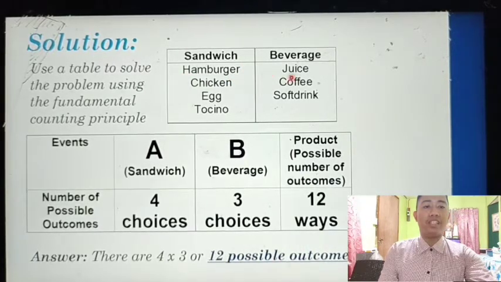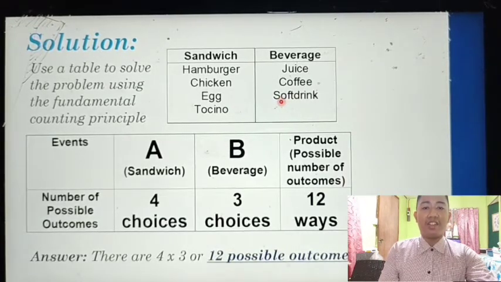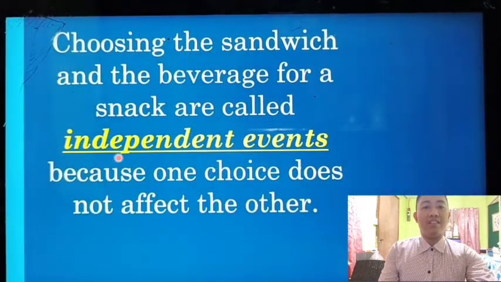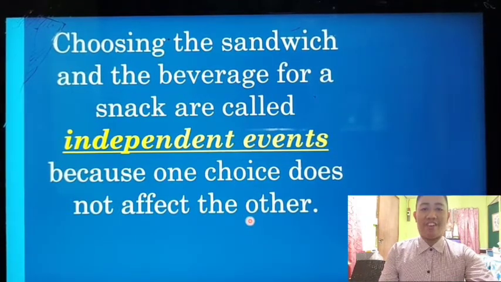But beverages are a kind of drink. So hamburger does not belong to the beverages, meaning to say it is independent, because any choice in the first event does not affect the choices of the other event.